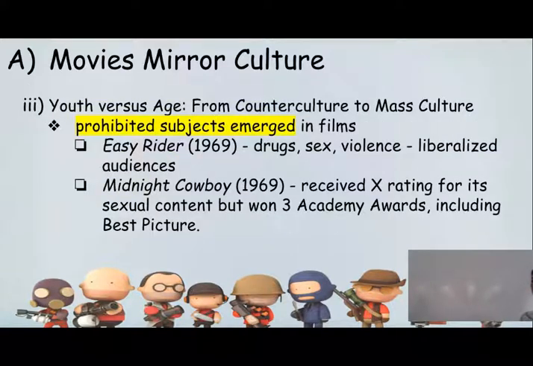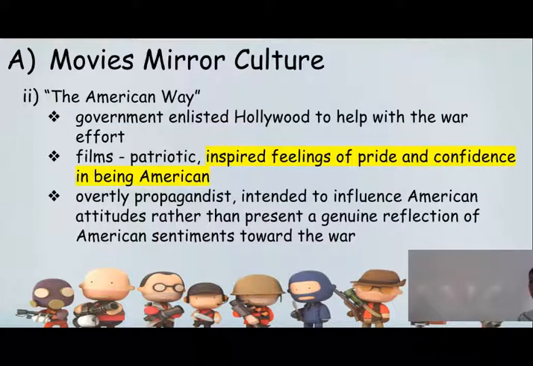At that time, the government enlisted Hollywood to help with the war, and the films during that time were patriotic and inspired feelings of pride and confidence in being American. But people found that those films were openly propagandist, and the films intended to influence American attitudes rather than present a genuine reflection of American sentiments toward the world.